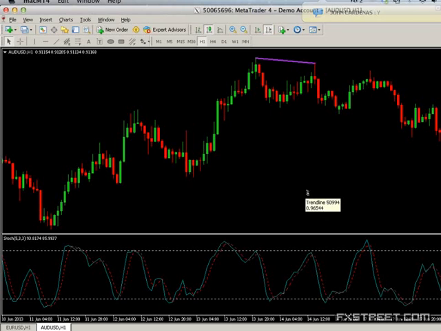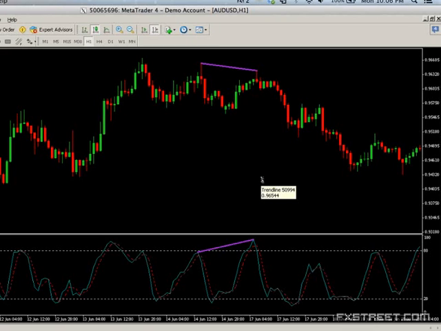Let's take a look at the next one. You have this high going down to a lower high. What about your indicator? Things have changed, right? Price is going down while your indicator is not giving you that same information. This is when your opposite occurs.